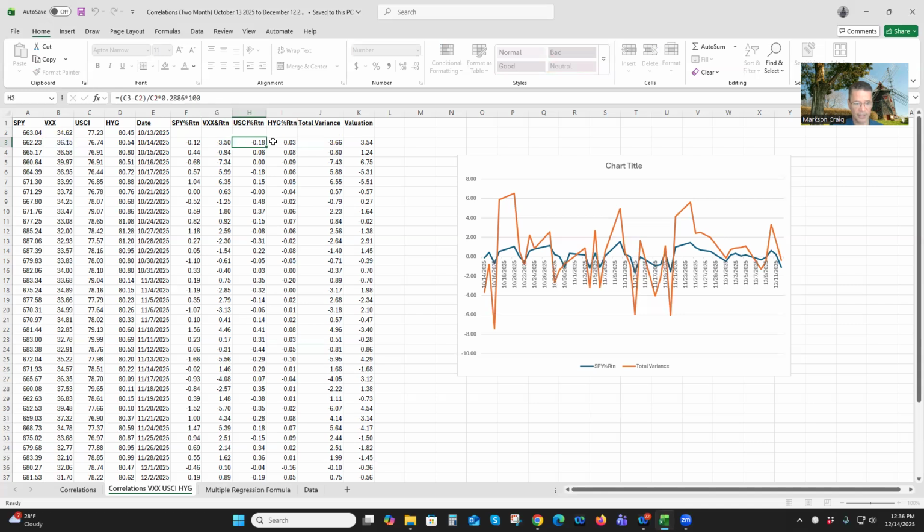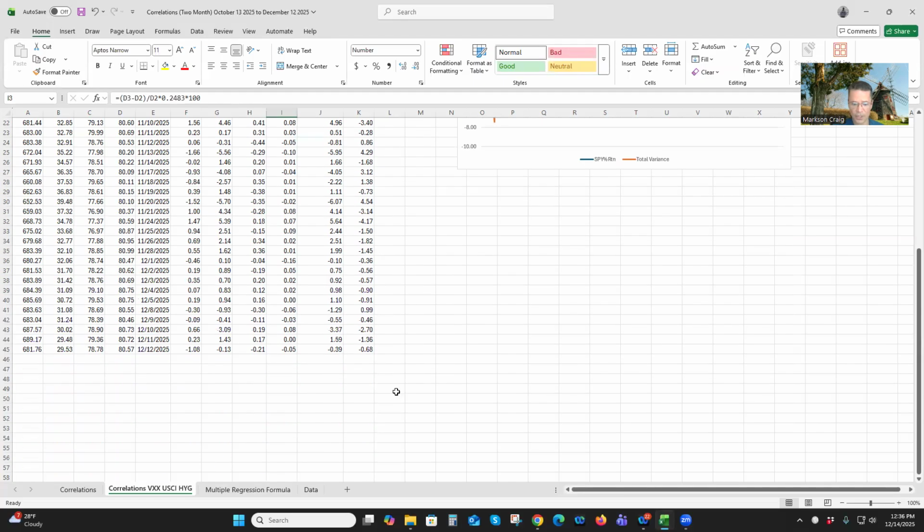And essentially what this does is it tracks daily under and over valuations based on the percent variance that the independent variables put on SPY. And I created a chart to the right, and on the market close on December 12th, 2025, SPY was slightly undervalued by about 0.68%.